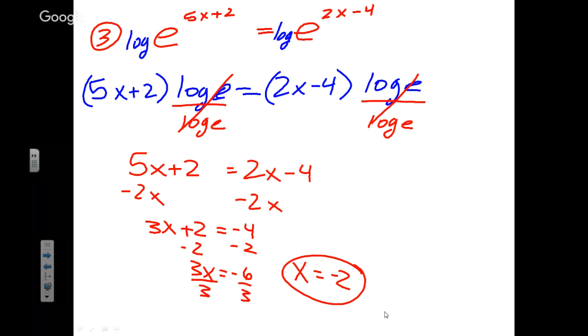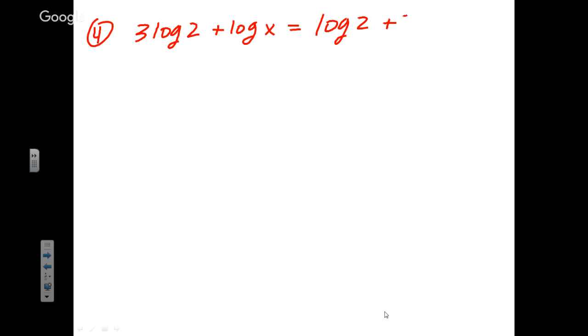Number 4. So 3 log of 2 plus log of x equaled log of 2 plus 3. Okay?